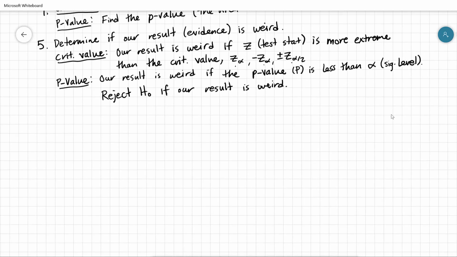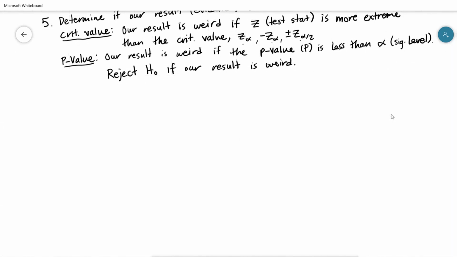If we're getting a result that's weird, maybe a better explanation is that H0 isn't true and we should reject it. And the absolute last step is state your conclusions. Go back and actually answer the question that was asked. Get done with all the math. State your conclusions in plain English. I want a sentence. And so we'll do an example of this going forward.